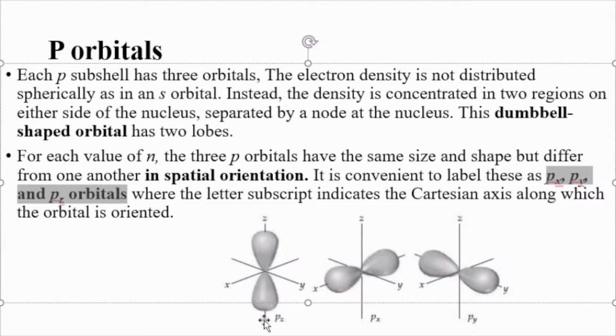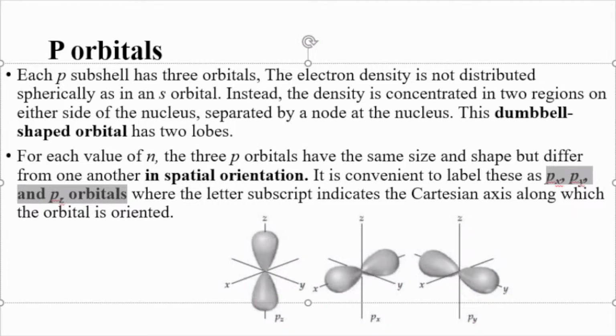The one lying along the x axis we call px, the one along y we call py, and the one along z we call pz. So there are three p orbitals: px, py and pz. Did you get it?